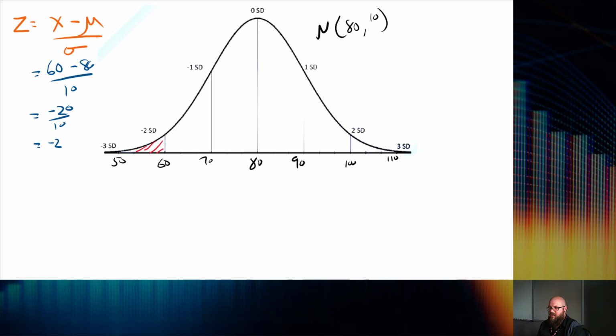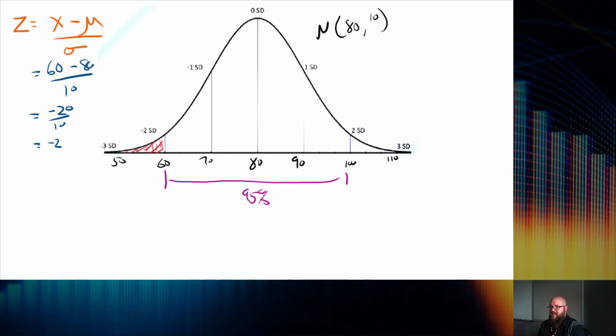So in other words, we want to know this area under here to determine what percentage of people scored less than a 60. Well, we know that from 2 standard deviations away from the mean, if we go from here to here, that's 95% of the data, right?